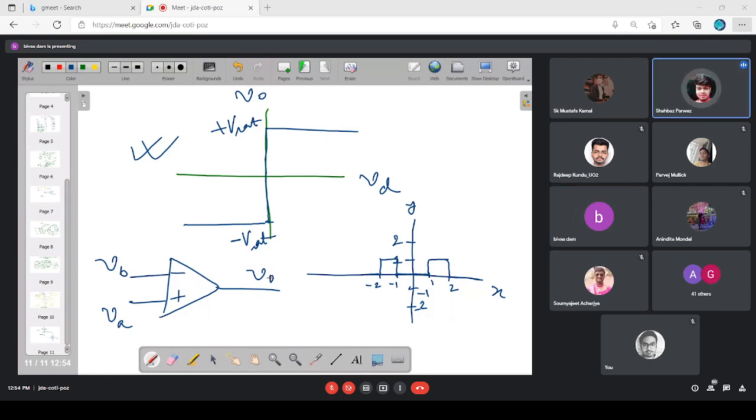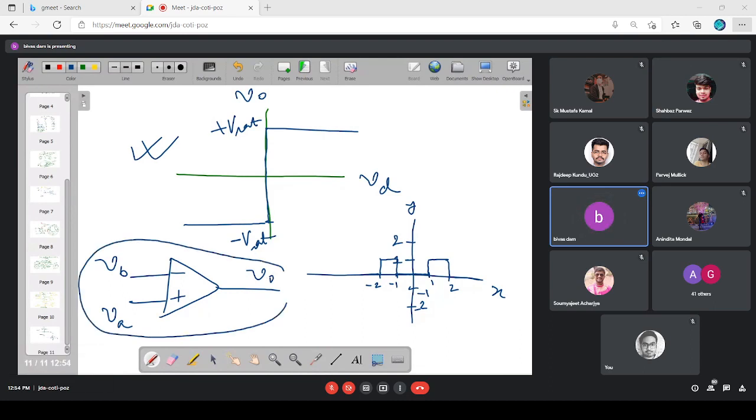VA is greater than VB. But if VO is minus VSAT, what will be my inference? VB is greater than VA.